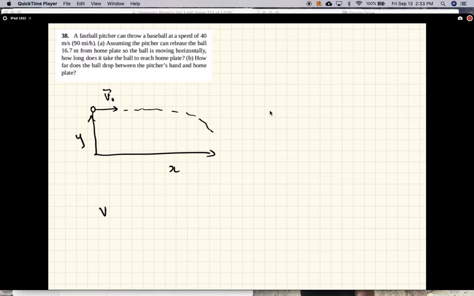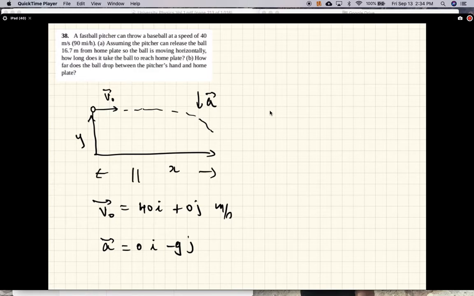Okay, and again, V0 is 40i plus 0j meters per second. The initial speed is given, 40 meters per second, and our acceleration is like that. Acceleration is 0i minus gj. The horizontal distance that the pitch travels is 16.7 meters.